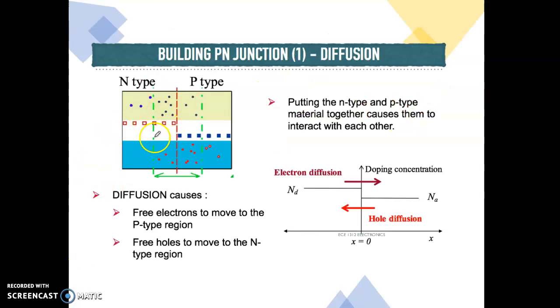Okay, so let's see the slide. The slide shows the n-type and p-type in a different way. What will happen when you combine p and n together? The one showing here is the electron, and here is the hole. Free electrons start to move to the p-type, free holes start to move to the n-type. Why? Because of the different concentration.